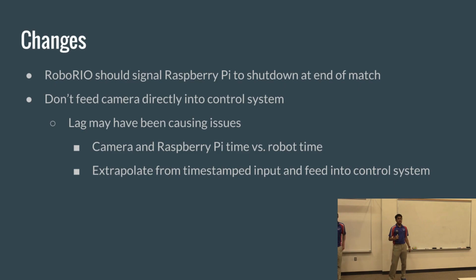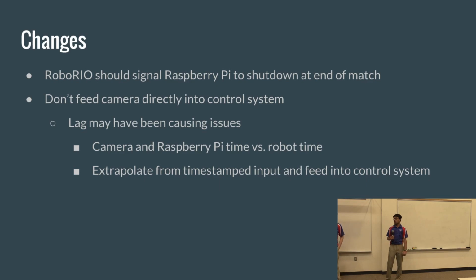One thing, we mentioned the safe shutdown thing earlier, but the way we were shutting down our Pi was by sending an SSH command after the match from the driver station laptop to the Raspberry Pi to tell it to shut down. But we believe that this method usually doesn't work because the FMS cuts network communications between your laptop and the robot after the match is over.